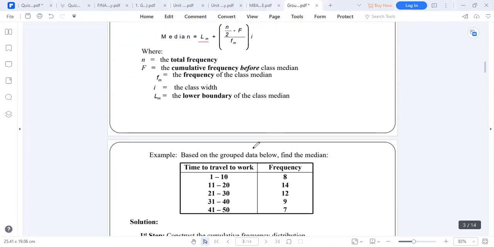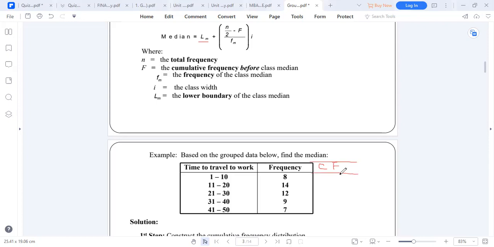The first thing is we are going to reconstruct our frequency distribution table. So 1 to 10, 11 to 20. Can somebody remember how we find our cumulative frequency in the previous class?